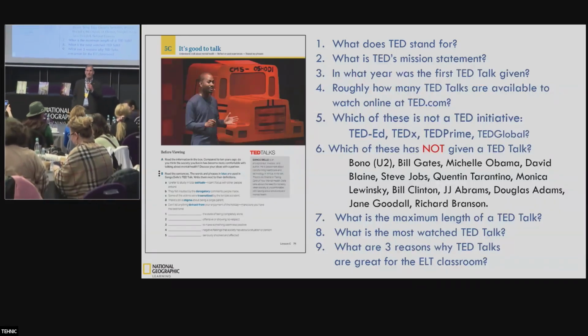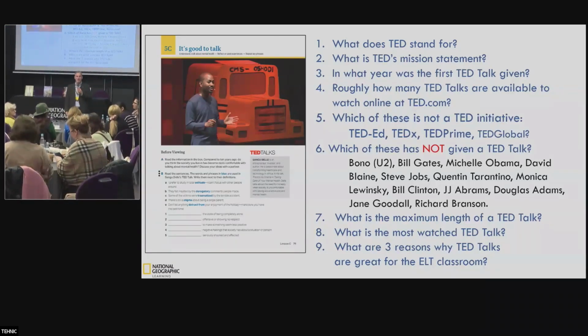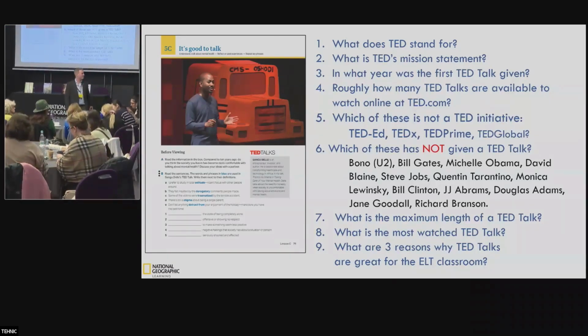Type your answers in the chat box. We'll have a look at them too. And I should say, no Googling. And no checking with ChatGPT or Claude or Poe. Just what's in your mind.